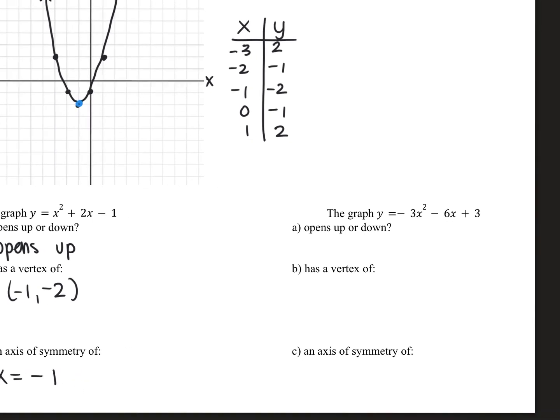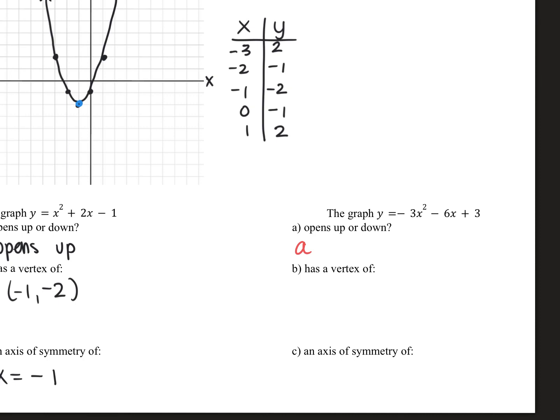Okay. Now what if I don't want to graph the equation every time? So what if from the equation I want to know if it opens up or down, where the vertex is, and where the axis of symmetry is? We can do that. So we have y equals -3x squared minus 6x plus 3. If I want to determine what direction my parabola opens, I'm going to look at the a value.